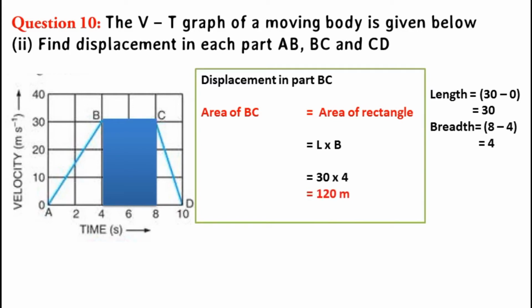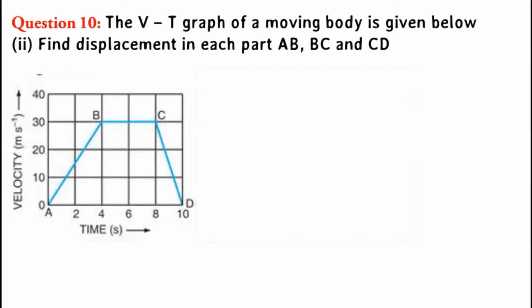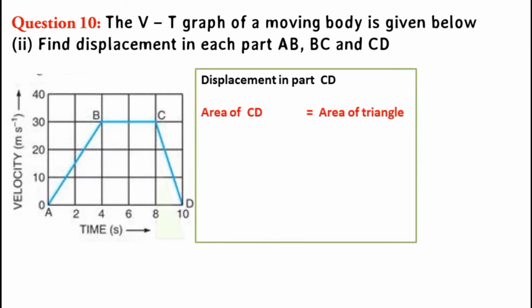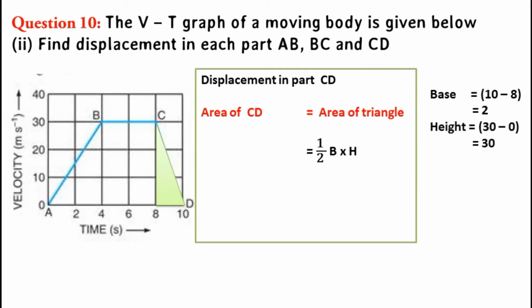And finally displacement of CD, which is equal to the area of CD, which is equal to the area of a triangle. So that is equal to 1 by 2 into base into height. Here base is 10 minus 8, which is equal to 2, and height is 30 minus 0, which is equal to 30. So 1 by 2 into 2 into 30, which is equal to 30 meter.